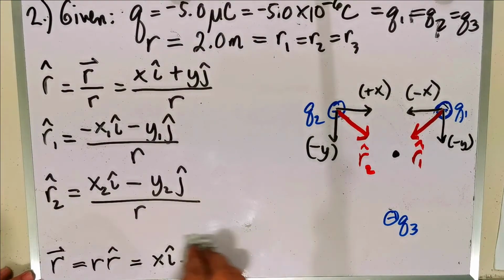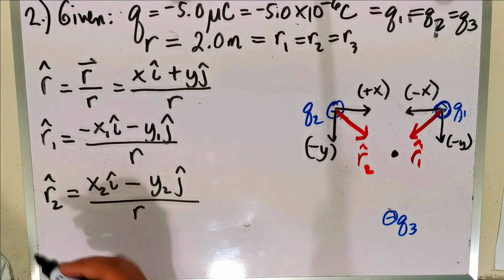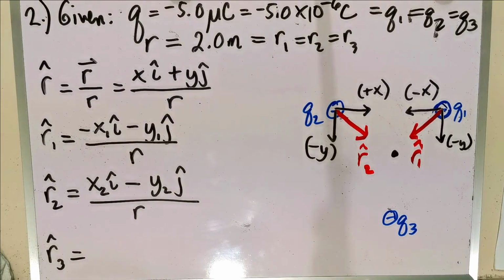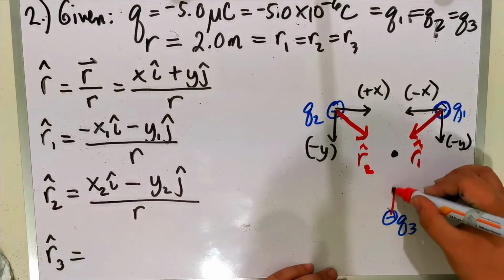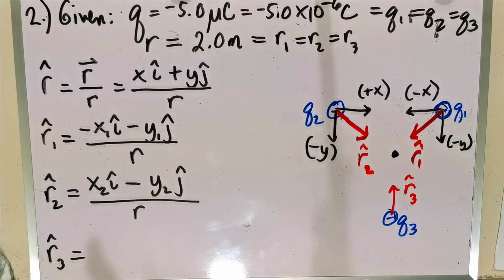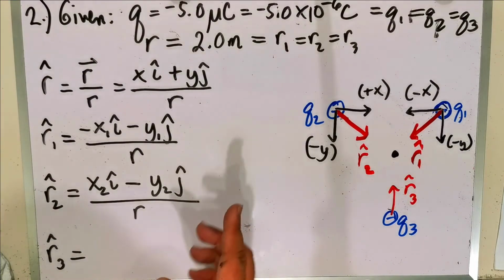And lastly, for our r sub 3 hat, r sub 3 is simply pointing upward. Meaning, we have no component along the x, so only the y component remains.